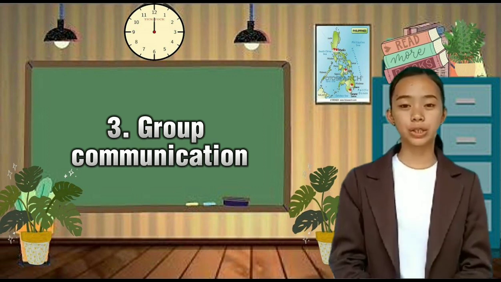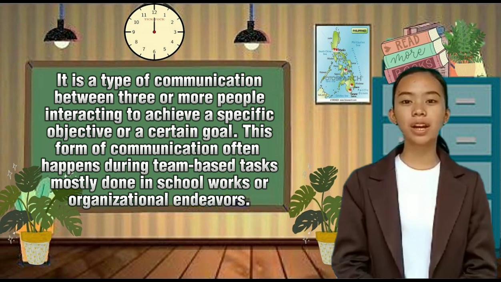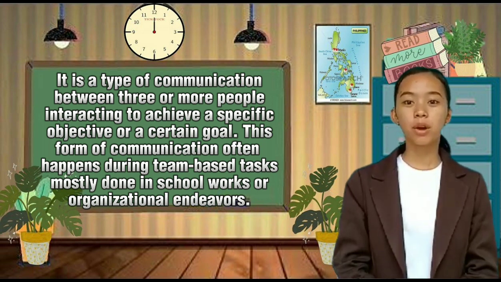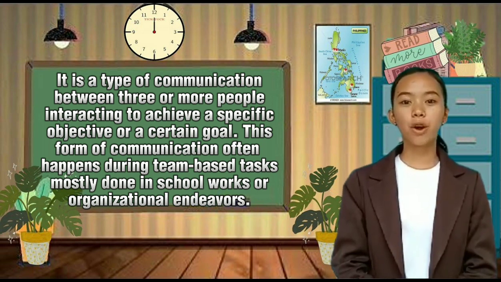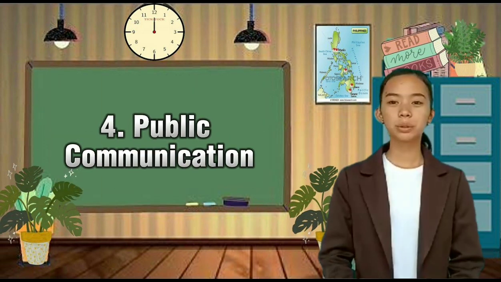Group communication. It is a type of communication between 3 or more people interacting to achieve a specific objective or a certain goal. This form of communication often happens during team-based tasks, mostly done in school, work, or organizational endeavors. Public communication.